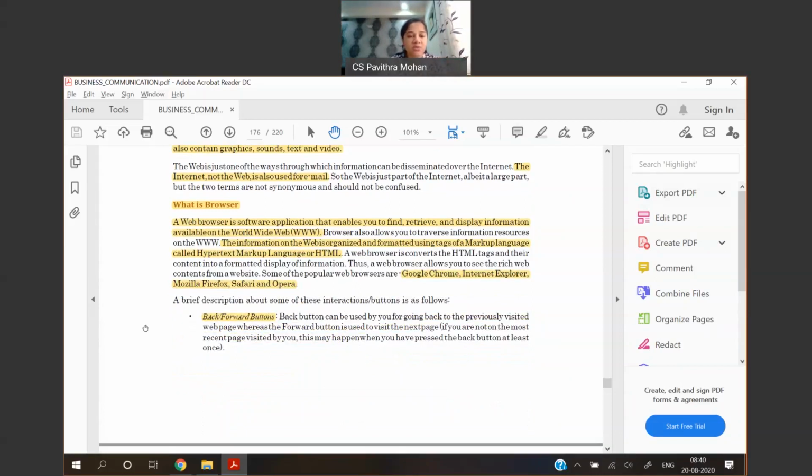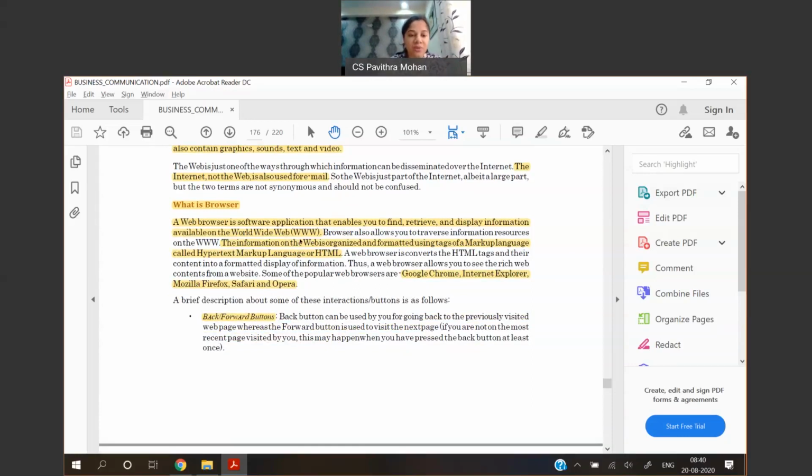So the next concept is the browser. Browsers are the browsing systems we have, like Google Chrome, Internet Explorer, or Firefox, which help us to access the information.